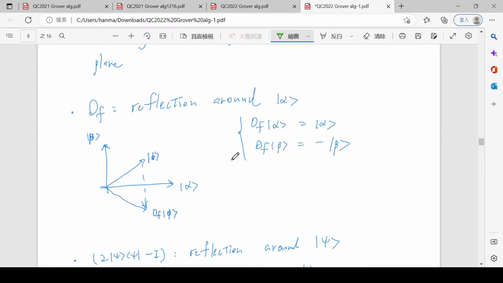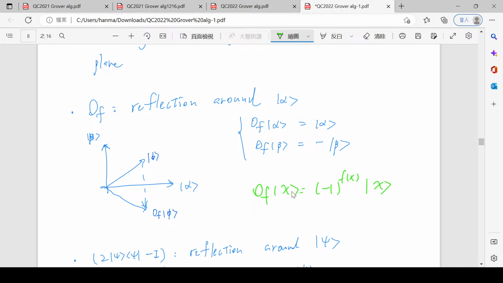As we said, our oracle O_f is a reflection around alpha, because when you apply this oracle on alpha, you will do nothing, because remember O_f on x equals negative 1 to the f of x, and alpha is exactly things such that f of x equals 0.